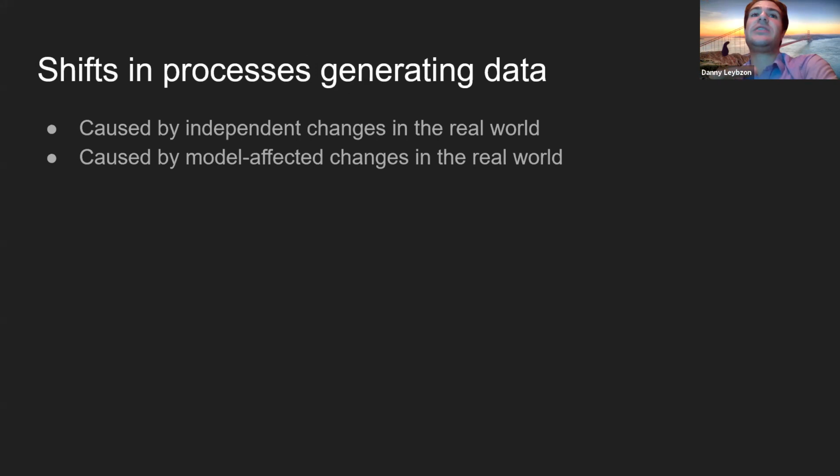The problem is that you need to know when these independent changes have happened, right? You need to know that there's been a shift in real world behavior. COVID is totally independent of what Netflix's recommendation algorithm says. So Netflix actually needs to be able to monitor changes in how its users are using the platform and react and respond to those changes when their machine learning models are no longer accurate.